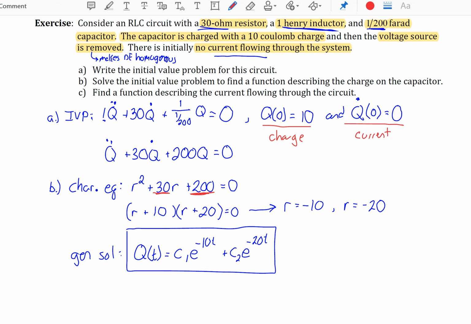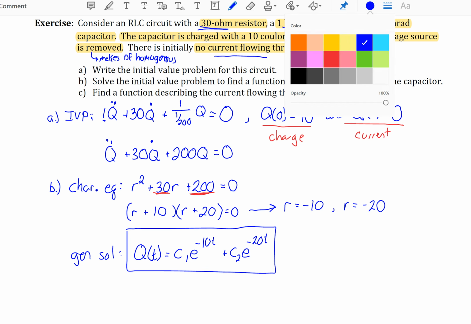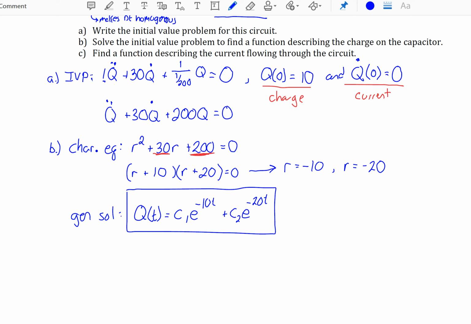And so we need to now also find the derivative of Q of t. So here Q prime of t would be -10 C1 e to the -10t minus 20 C2 e to the -20t.